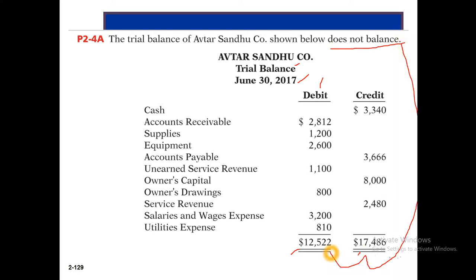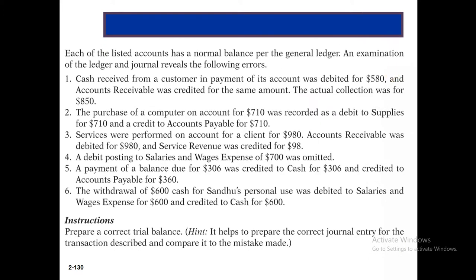So here we have to balance this figure. Each of the listed accounts has a normal balance in the general ledger, and examination of the ledger and journal reveals six errors. Instruction: prepare a correct trial balance.